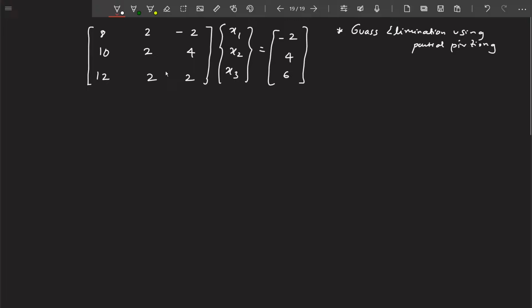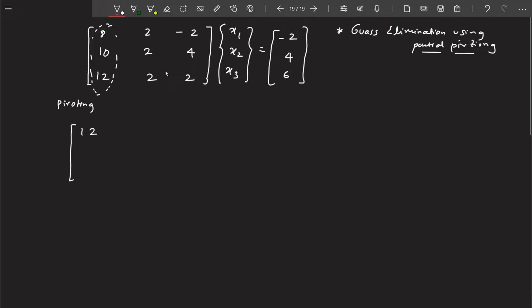According to Gauss elimination, the first thing you are going to do is make this element 0 and then make this element 0. But since this is Gauss elimination with partial pivoting, you are going to consider this column, and whichever element is the largest you bring it to the top, then second largest, and then the lowest. So this is pivoting.